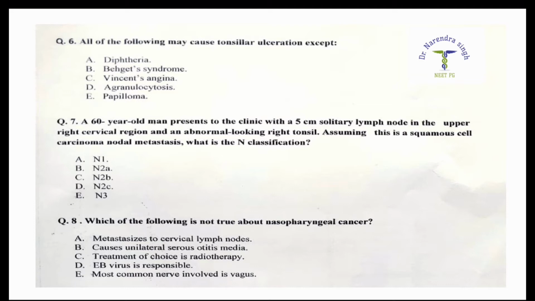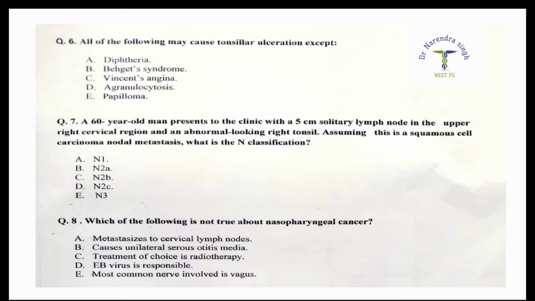We know that diphtheria is responsible for a membrane over the tonsil. Behçet syndrome is also responsible for tonsillar ulceration. Vincent angina is one of the most common causes of a membrane over the tonsil, and agranulocytosis too. These four options are among the causes most commonly associated with a membrane over the tonsil, which also lead to ulcers over the tonsil.